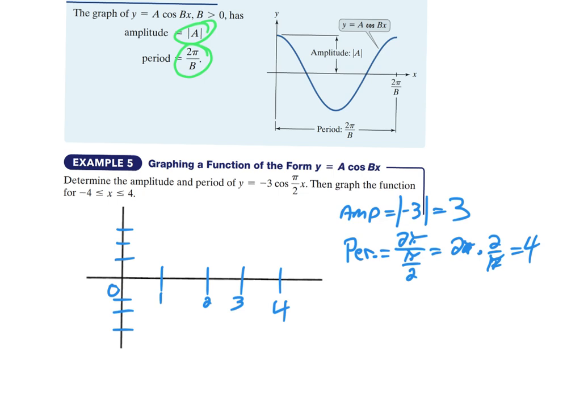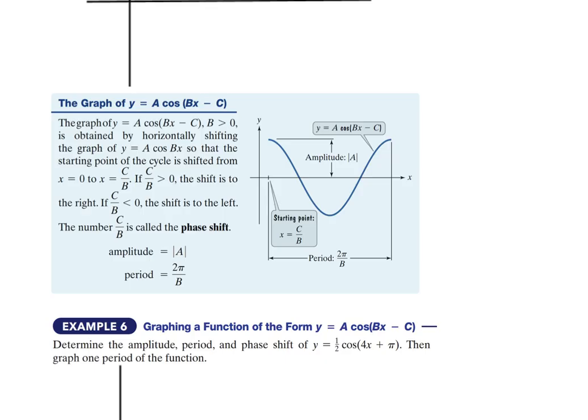So instead of starting at the top of the amplitude, we start at the negative amplitude, go to the equilibrium line, go to the positive amplitude, back to the equilibrium line, and then down to the negative amplitude. And again, we want a smooth curve, something like that. And there's our graph of -3 cosine of pi halves x.